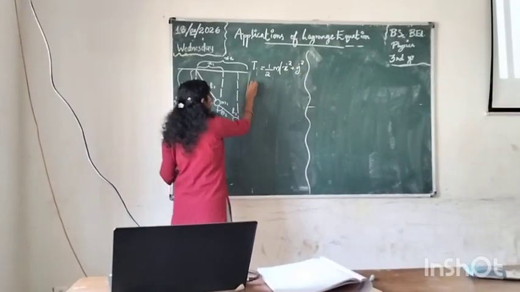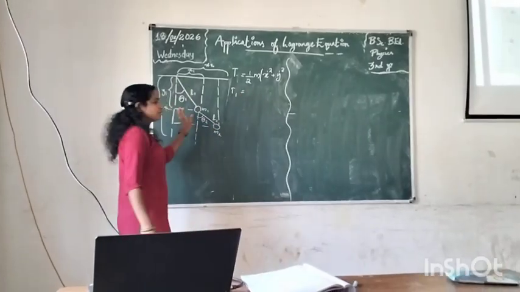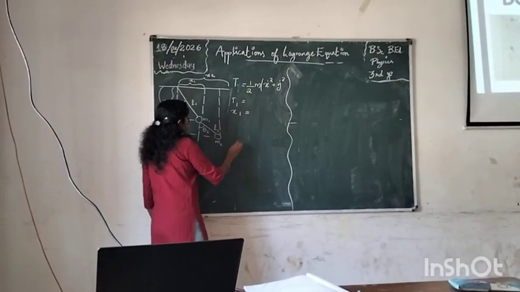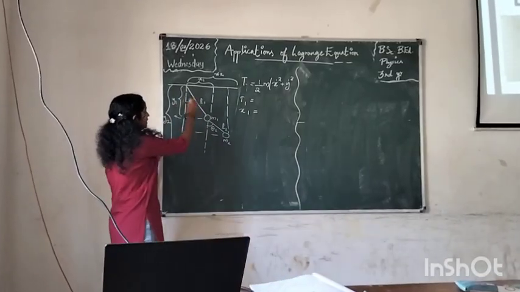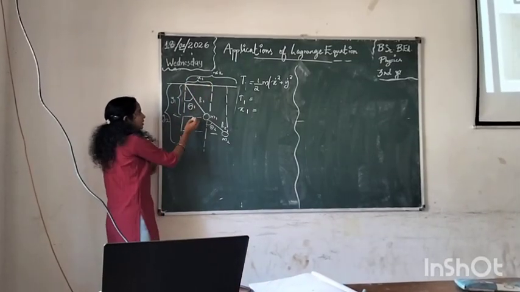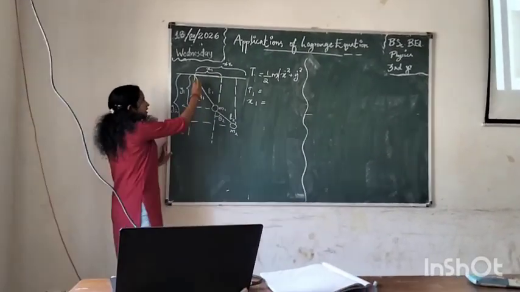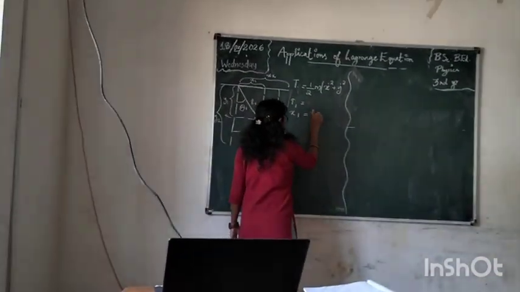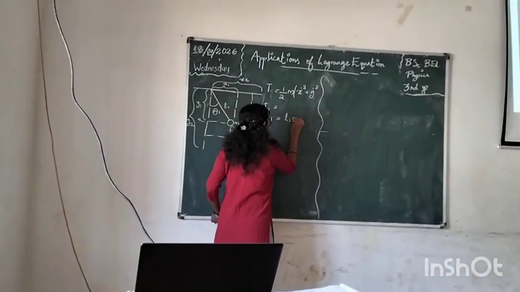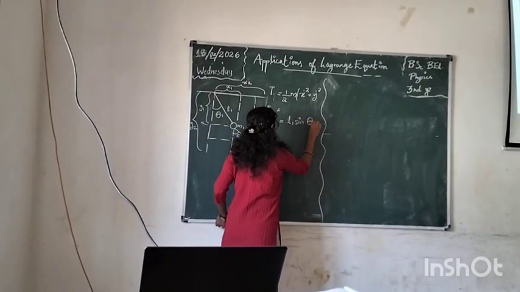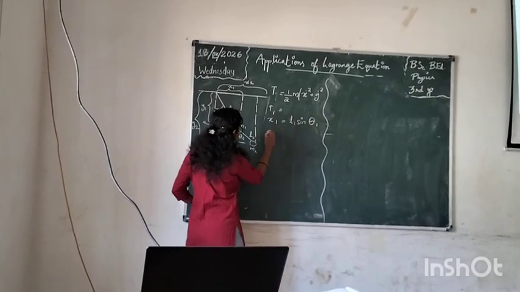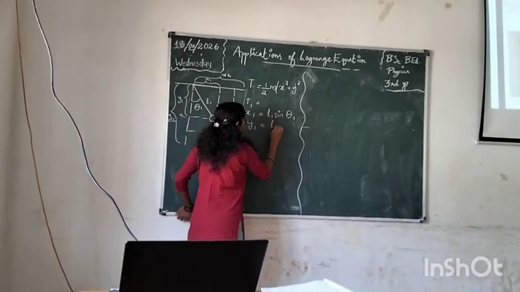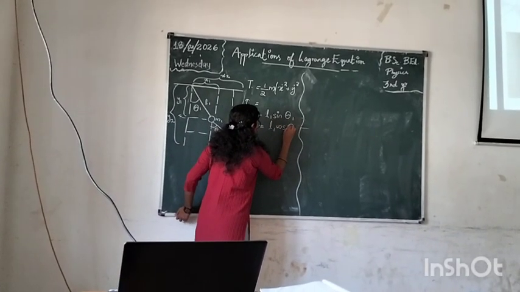For T1 we have to find x1 and y1. So what is x1? This is our x1. The value of x1 will be L1 sin theta 1, and y1 will be L1 cos theta 1.